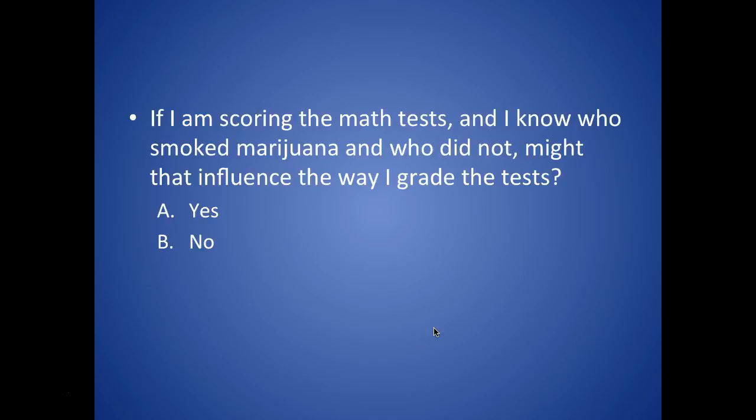If I'm scoring the math test and I know who smoked the marijuana and who did not, might that influence the way I grade the test? Well, it certainly might, because I might be rooting for the result that I want, and I might fudge it in some way.